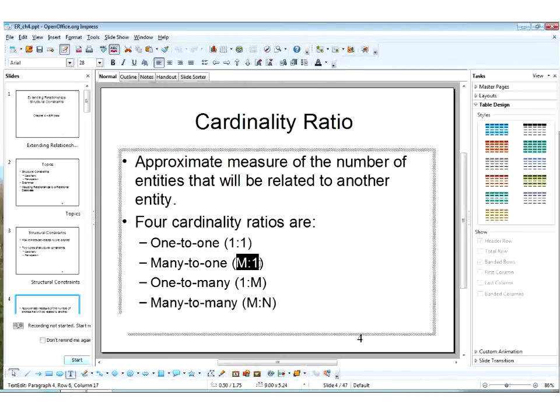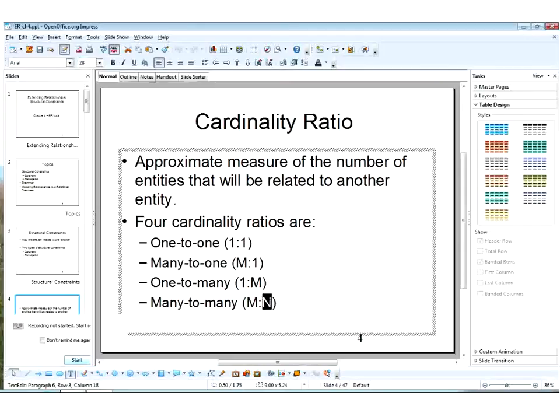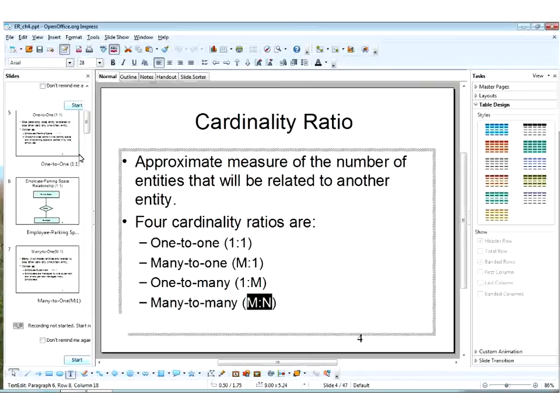Many to 1 is where many occurrences of an entity, many instantiations, many objects are related to one other entity. 1 to many is where one instance of an object can be related to many of another, and then also many to many. Let's say 20 of one type of object can be related to 50 of another, or 3 and 8, where M and N are any whole numbers greater than 1, I guess I should say, can be greater than 1.